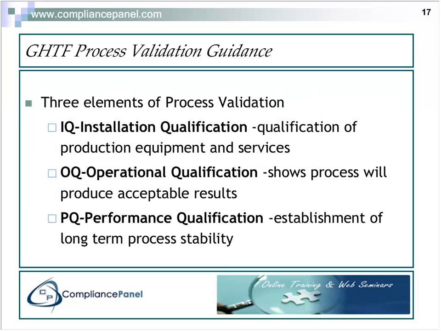What we want to do here is make sure that the equipment that we're going to use has been properly installed and that we have the services attached to that machine that do meet requirements, things like electricity, water, air, and other services that help that production equipment to produce the product that we need.